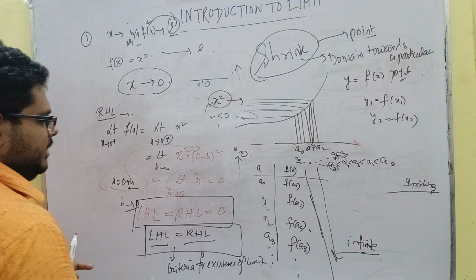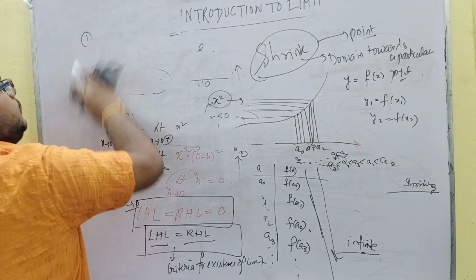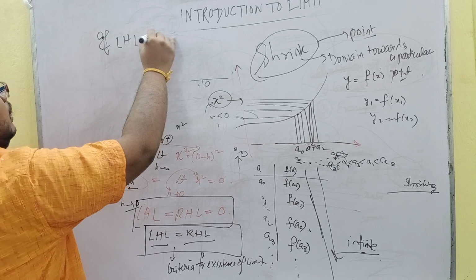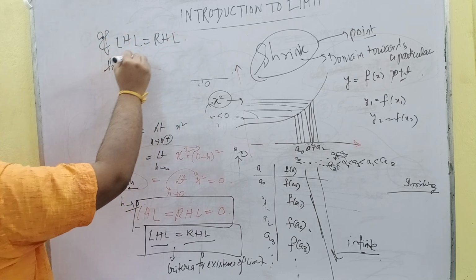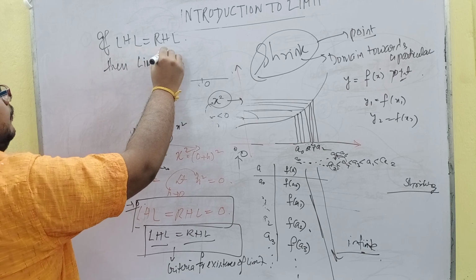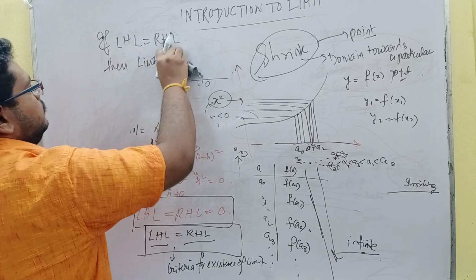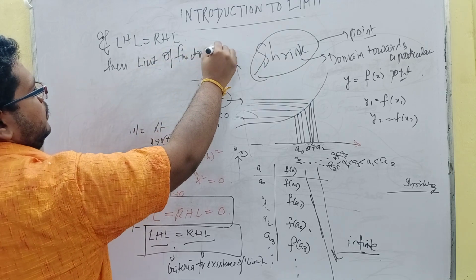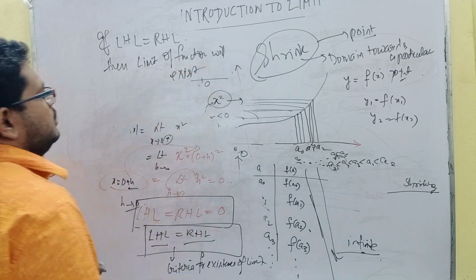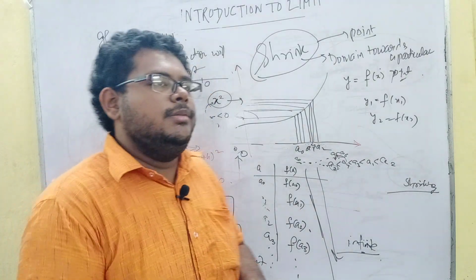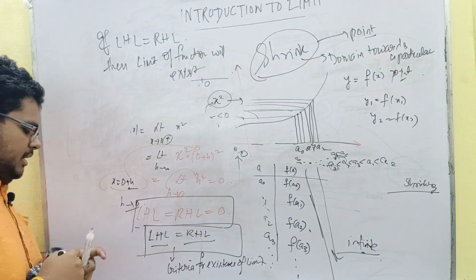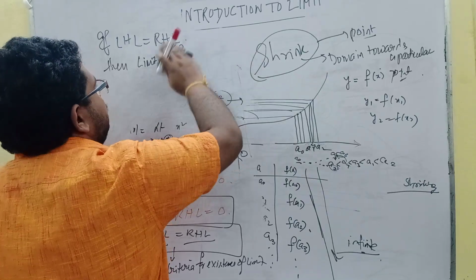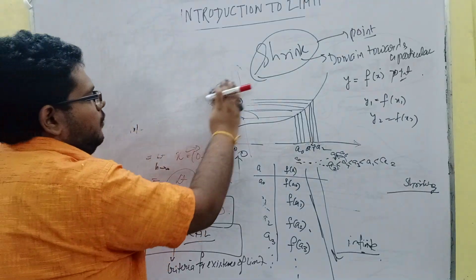I am writing it over here also. If LHL equals RHL, then the limit of a function will exist. This is the main criteria that we will look into in next videos, and we will analyze another example, the last example for this video.